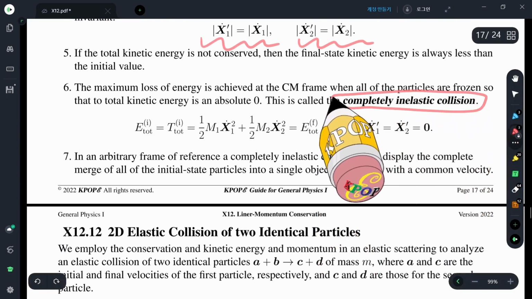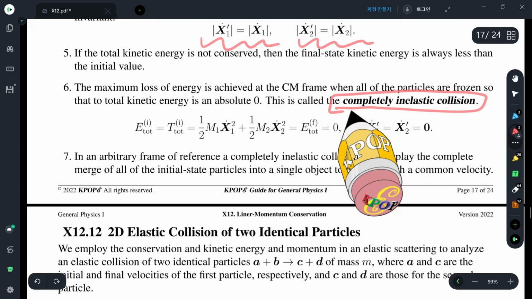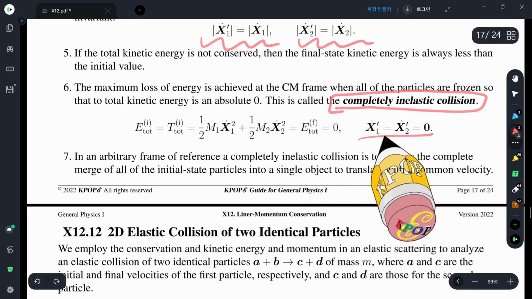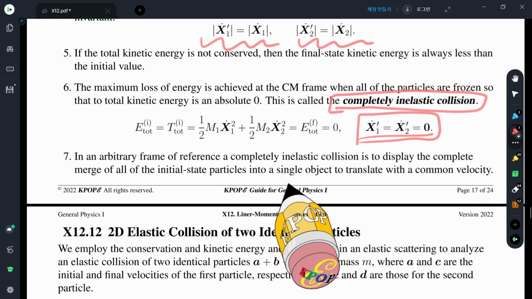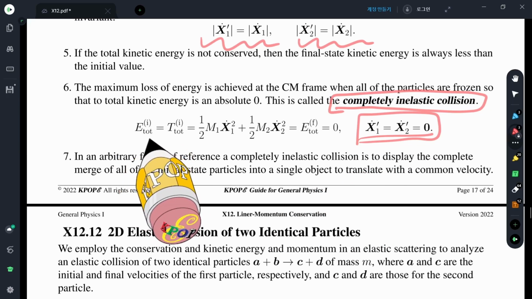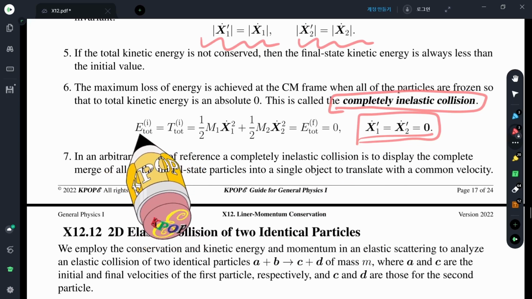If the system is completely inelastic, then they lose all of the kinetic energy. Then the energy seems not conserved.